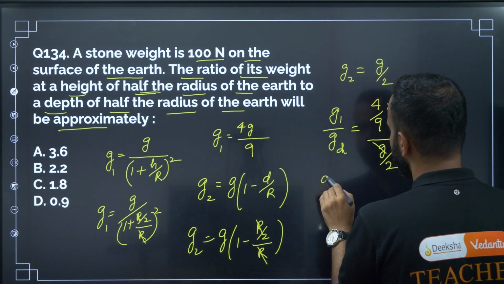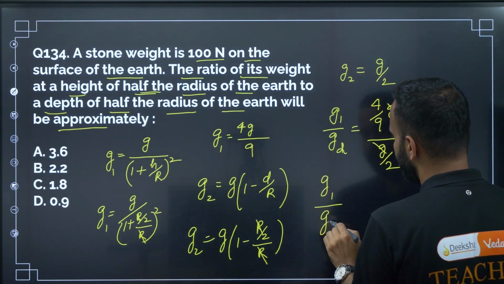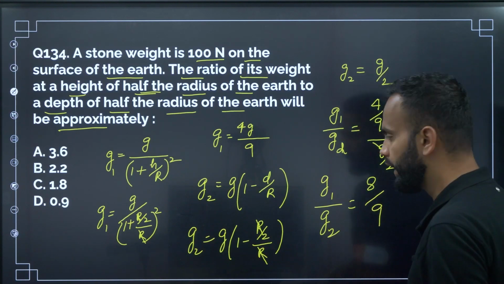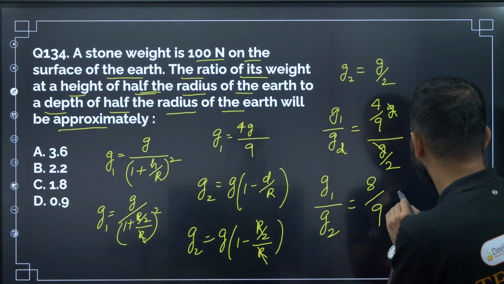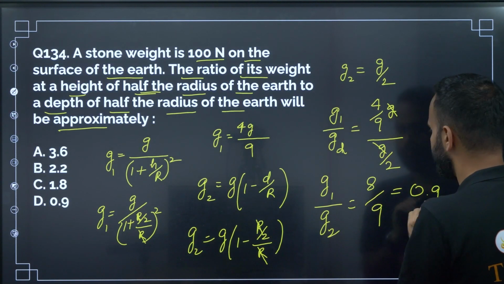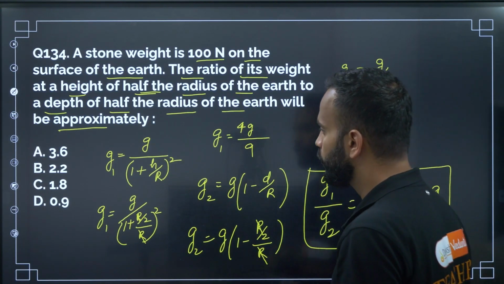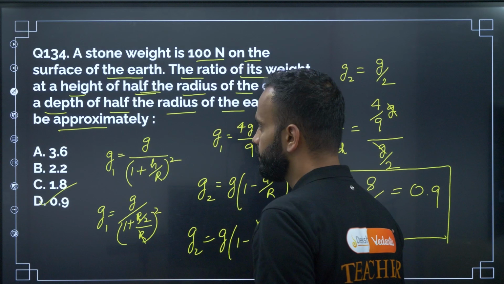G will get cancelled. Here g1 divided by g2 is equal to 8 divided by 9, right? So what is the value of 8 by 9, which is approximately 0.9, right? 0.9. So the correct option is D.